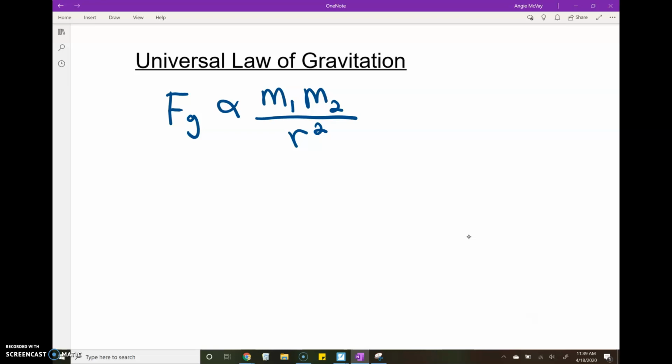But before Newton came up with this idea, heck, there were so many crazy ideas about what gravity was. There is a particle called a graviton that some scientists thought was exchanged between masses, and that's how gravity worked.